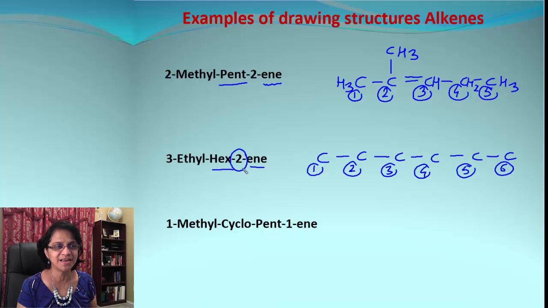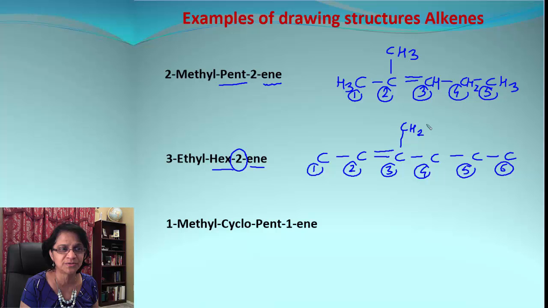The double bond is on carbon number 2. So that's my hexene. And at position number 3, we need an ethyl group. So that's my number 3. An ethyl group is CH2CH3. And now the only part left is to make sure we get the exact number of hydrogen atoms.